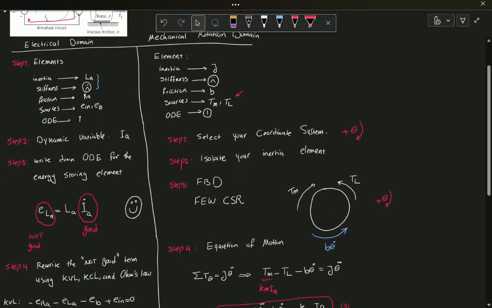For each energy domain, we separated our page into two sections and followed our four-step approach specific to that energy domain.